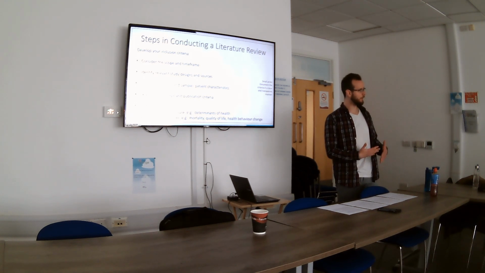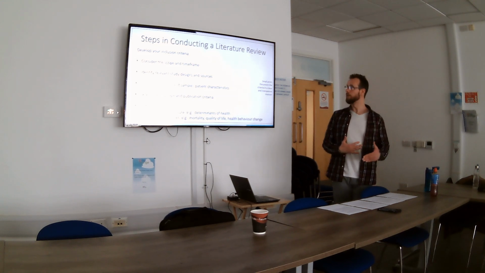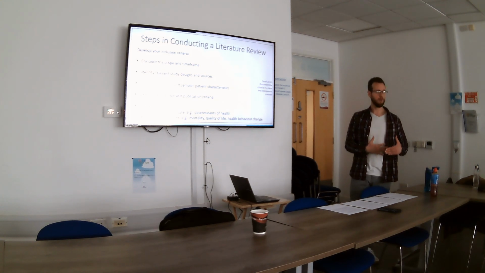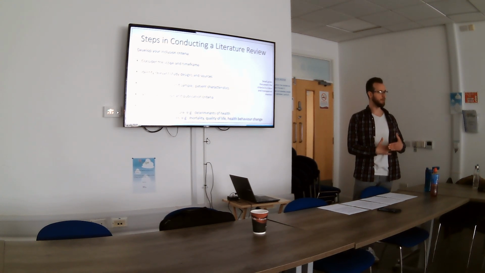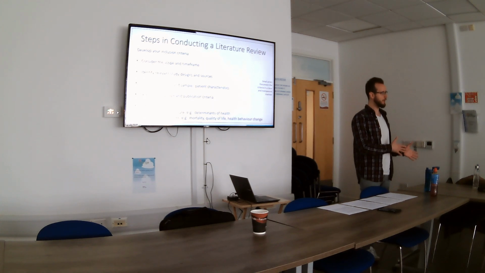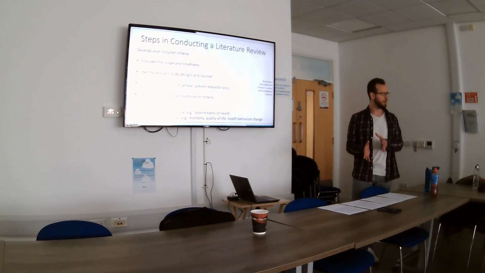You will have to define these, because this kind of criteria makes your research more transparent. You will be able to trace it back, what you are looking for, based on your decisions, and the reader of your review will be able to decide how did you decide on the selection of studies.